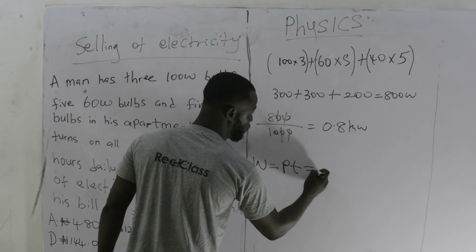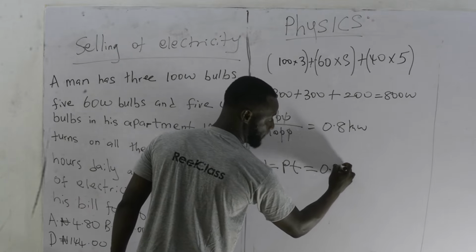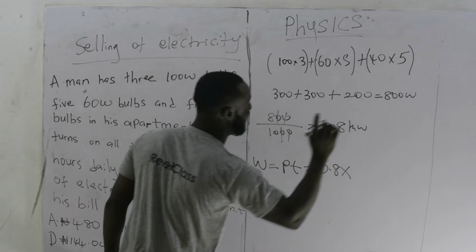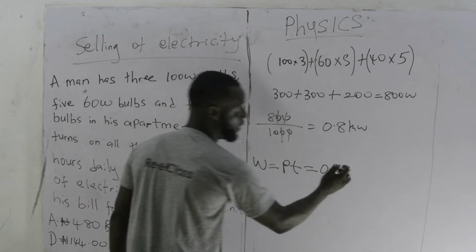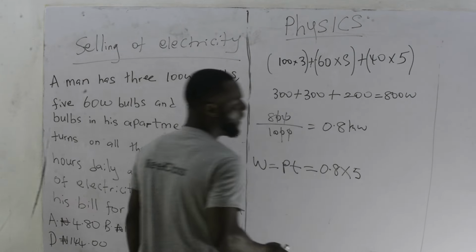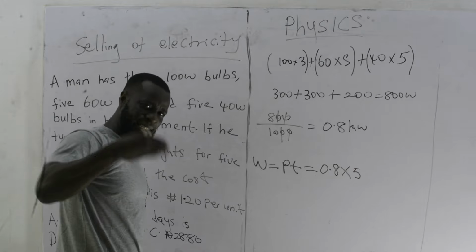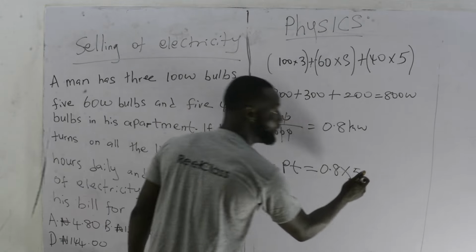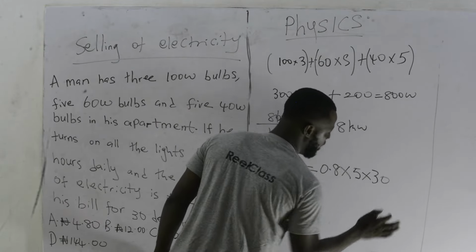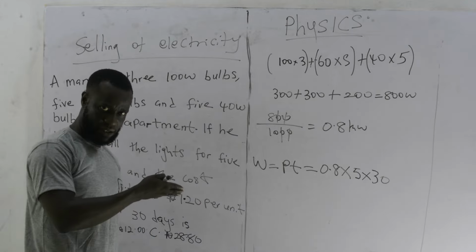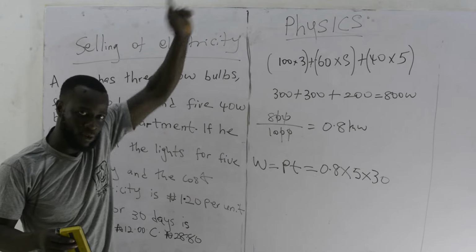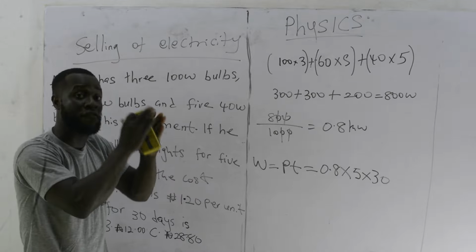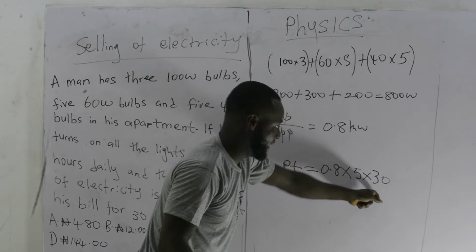This will now be equal to, the power is already 0.8 times, but what will be my time? Each day is only for 5 hours. But it's for 30 days, which will be 5 times 30. Note that a day is 24 hours, but the man did not use it for the entire 24 hours, he is putting the lights on for 5 hours. So it's 5 times 30.